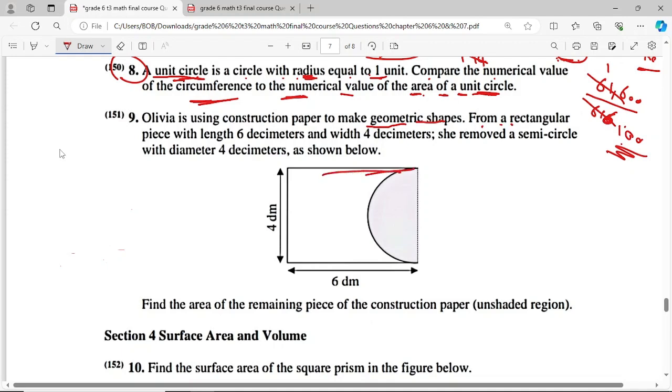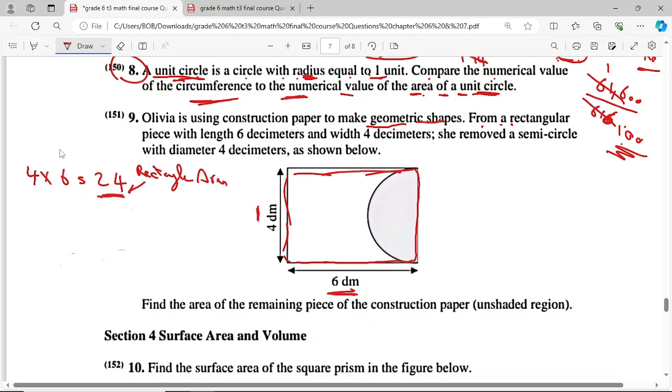This is the rectangle, with length 6 decimeter and width 4 decimeter. That means the area of the rectangle is 4 multiplied by 6, which equals 24. This is the area of the rectangle.